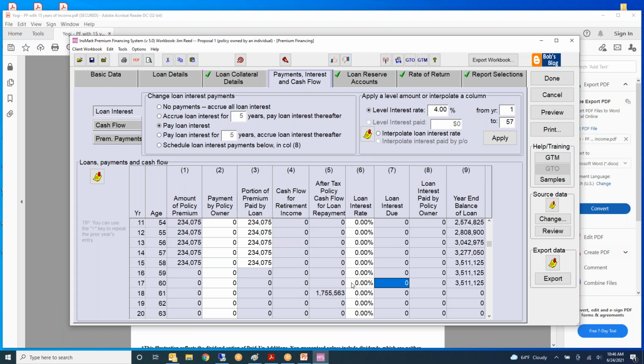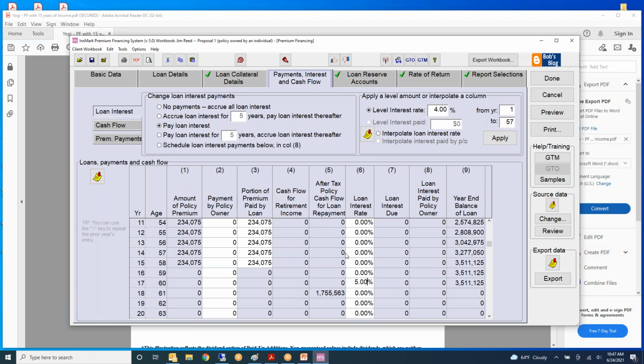So what you need to do is make sure you're in year 17. Hold on for a minute, it's jumping. So make sure in year 17, I'm in the right cell of the right column. And in year 17, it's going to rise to 5.